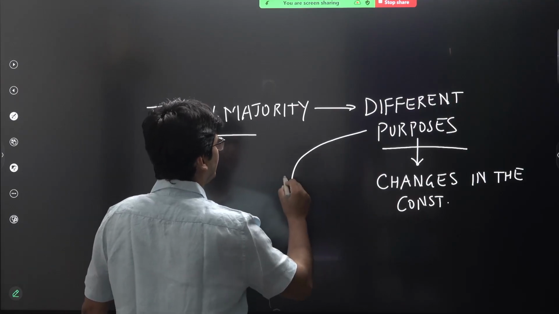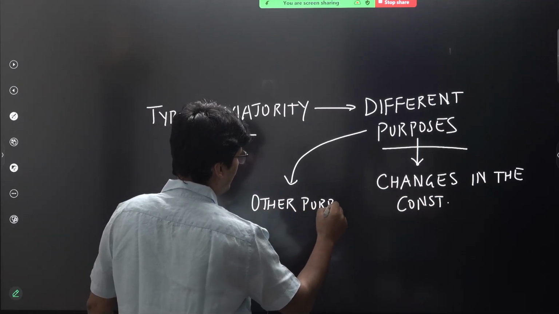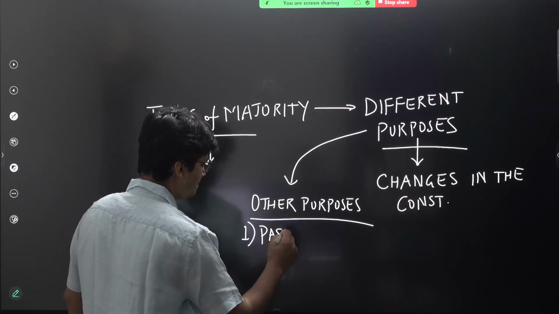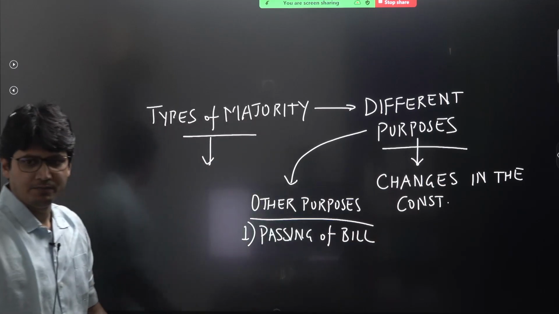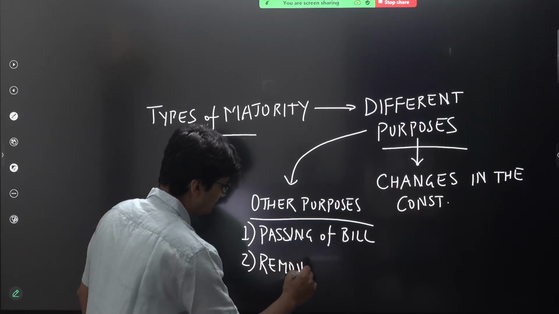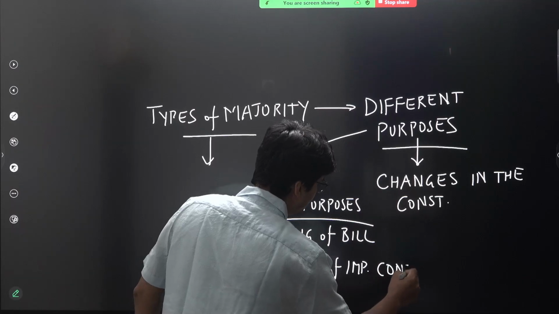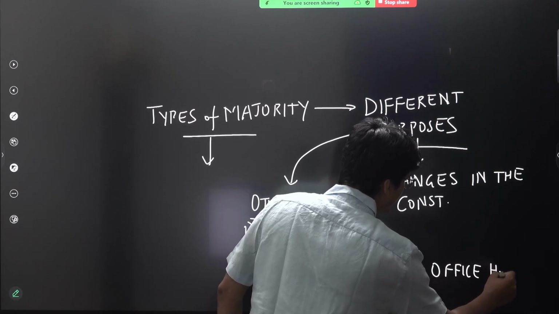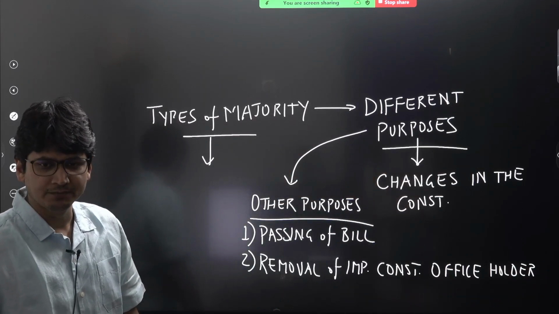Other purposes include passing of bills, and removal of important constitutional office holders, such as removal of the President, removal of judges, removal of the Chief Election Commissioner, right?